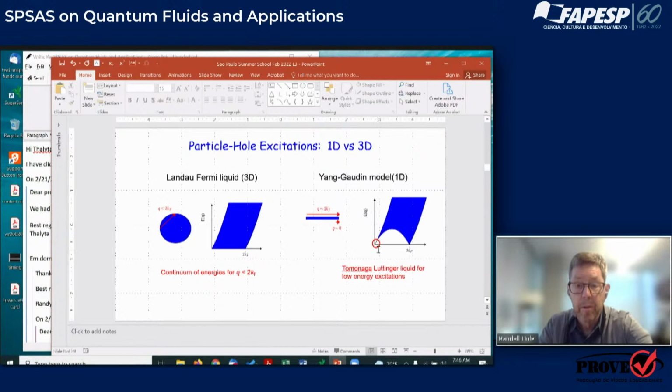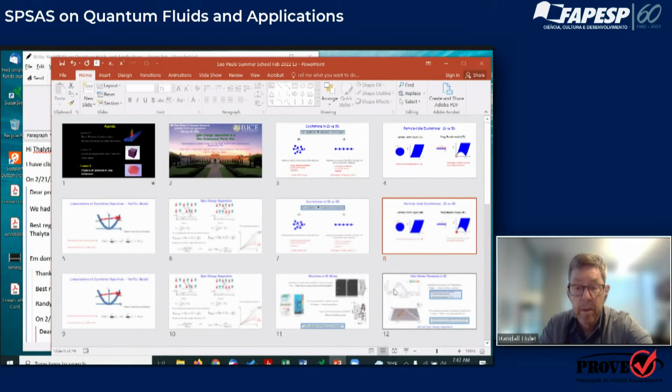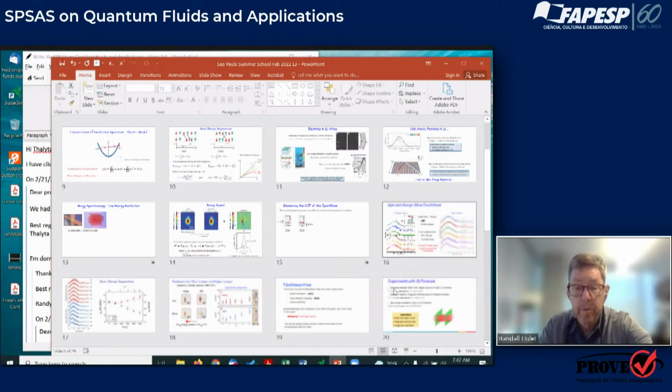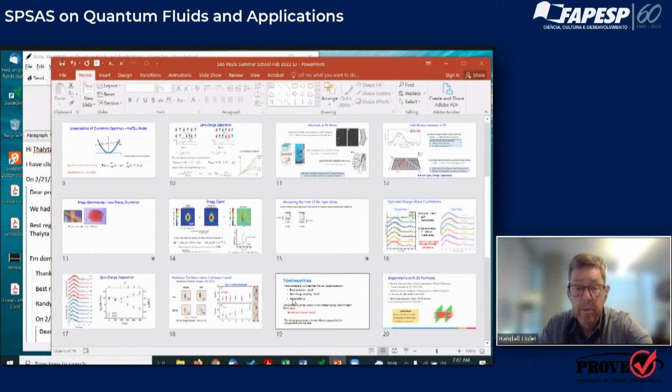So you can see that for low energy excitations, this dispersion is quite linear. But as you go up in momentum, you get nonlinearities. This curve starts to turn over. And that's the effect of band curvature, it's called. Let me go back to where I was, which is here.